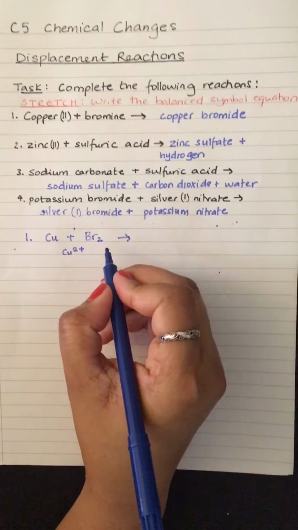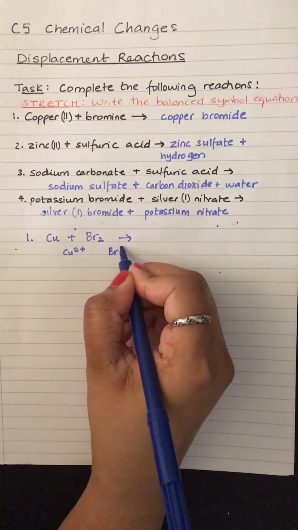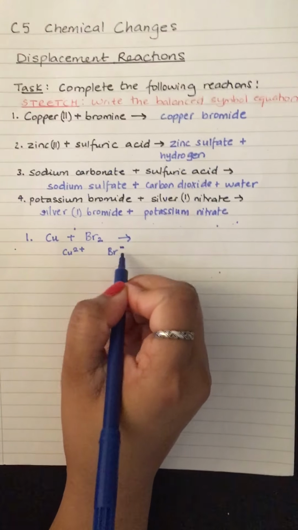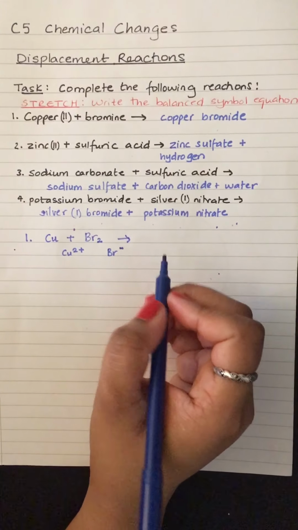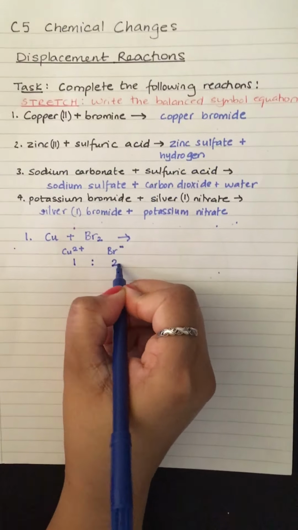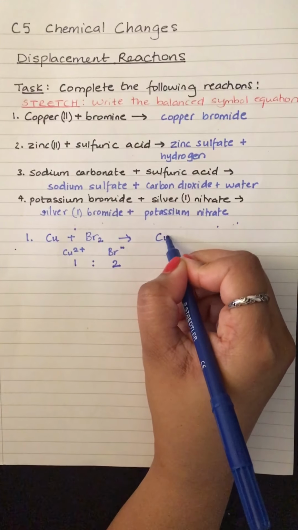The charge of each bromine is a negative 1. So in order to make these charges add up to 0, our ratio of ions needs to be, for every one of these, I need 2 of these, and therefore my formula will be CuBr2.